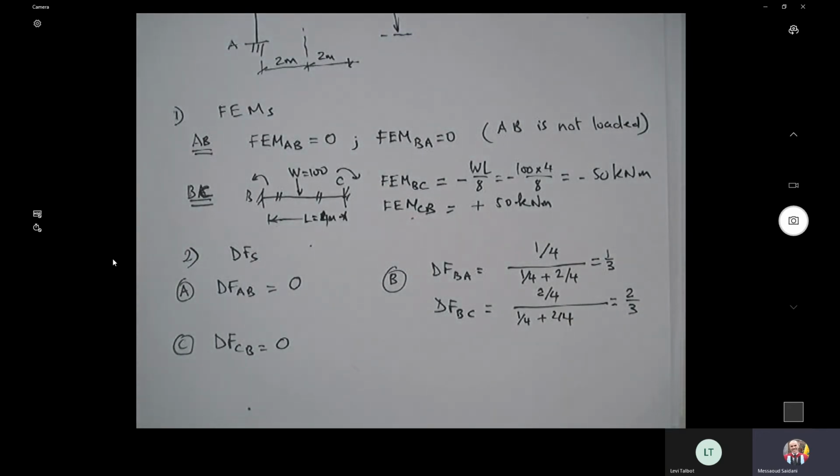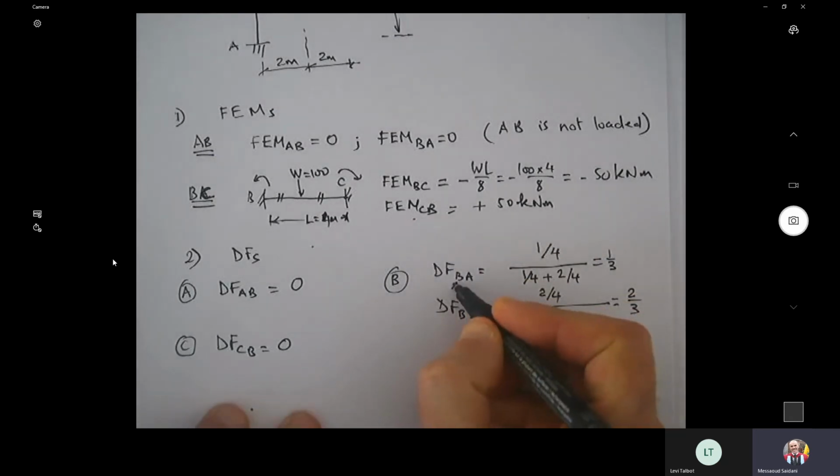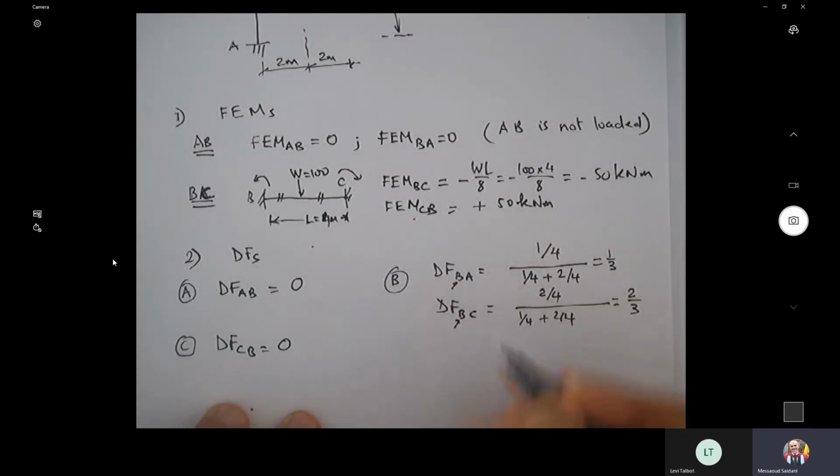Any questions? Are the distribution factors clear, please? Yeah? Okay, so just using the definition. It's always the stiffness of the member under consideration, so in this case BA, and then you add the stiffnesses of all members connected at the particular joint, like here, joint B. That's it.